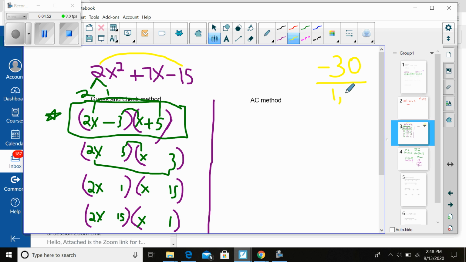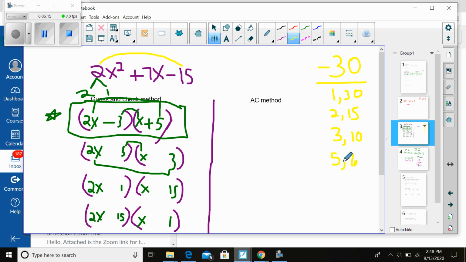Remember, always start with 1, because that's always a possibility. 2 and 15. And remember, one's got to be positive, one's got to be negative. So 3 and 10. 4 doesn't go in, 5 does. 5 goes in 6 times, so I've already got the 6.